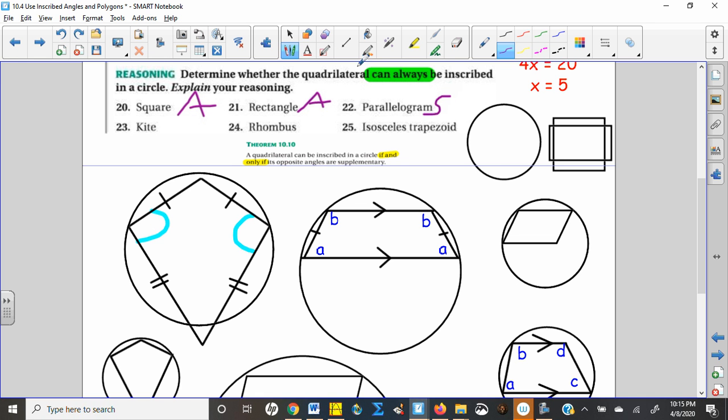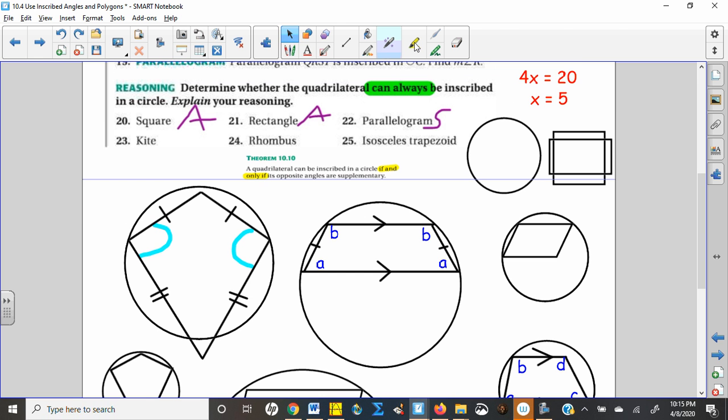What about a kite? Well, here's what I know about a kite. I know that the non-vertex angles of a kite are congruent. We learned that first semester. So if those are 90, they would have to be supplementary. Otherwise, there's no way they could be supplementary. And even if they were 90, the non-vertex angles of a kite are never congruent.